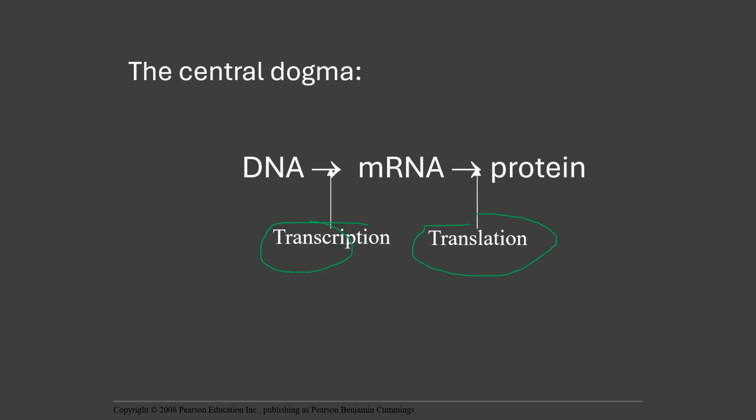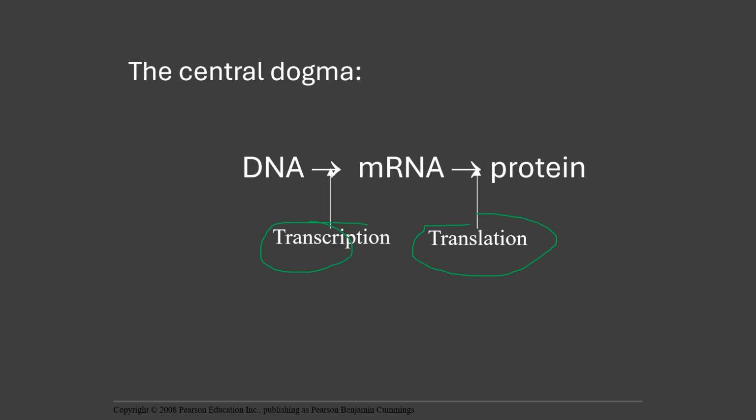So you're staying in the same language of English in that case, versus what happens during translation, going from mRNA to protein. In translation, you take one language and turn it into another language. So, from English to Spanish or from Arabic to Farsi or whatever it is, you're going from one language to another.